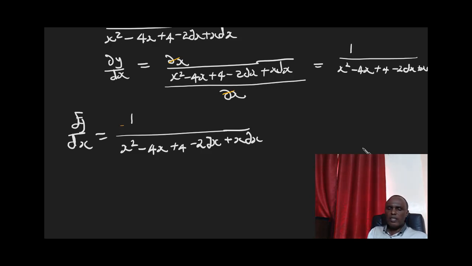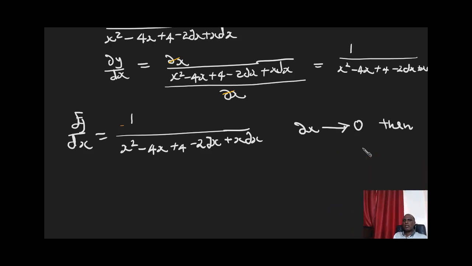Now when dx, the change in x, is so small that it is approaching 0, then we expect that negative 2 dx also approaches 0, and x dx will also approach 0.